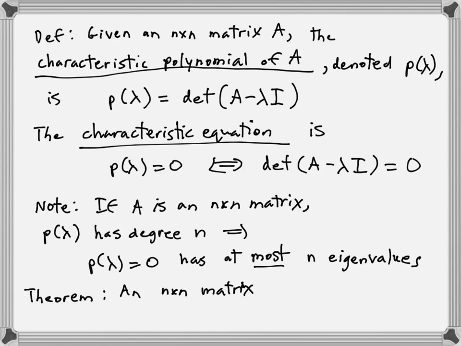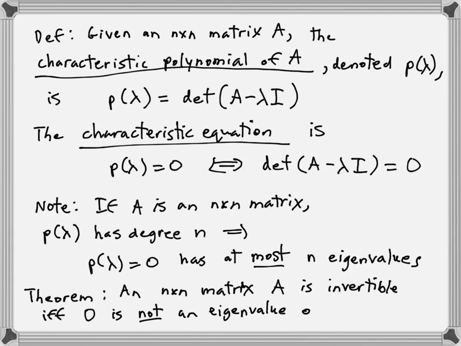An n by n matrix A is invertible if and only if 0 is not an eigenvalue of A. Well, I said this was important, actually. Thinking about it a little bit more, it's actually not that useful. It just, when you have an invertible matrix, you know that 0 is not an eigenvalue.